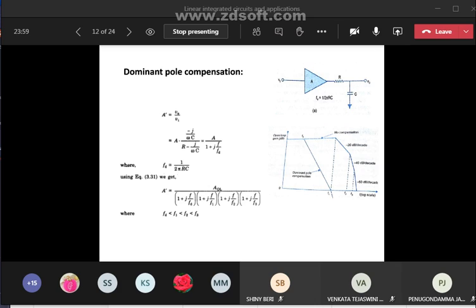So what is the dominant pole? The dominant pole means the pole in magnitude much smaller than the existing pole, and hence the break frequency is smallest compared to existing break frequencies.